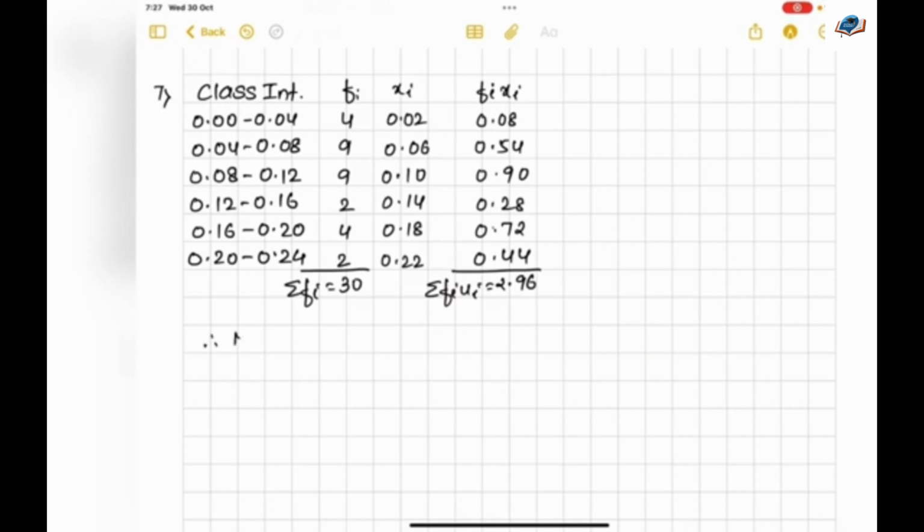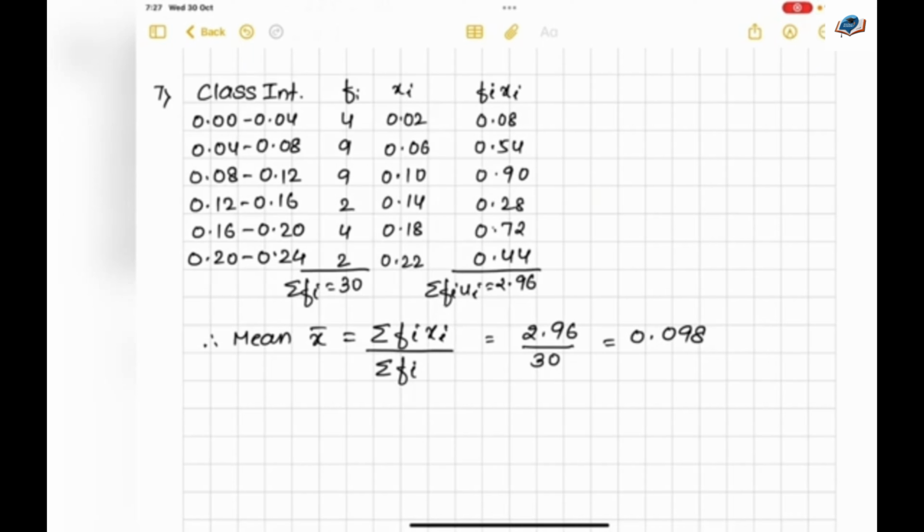So therefore, mean x bar will be sigma fi xi upon sigma fi. So that will be 2.96 upon 30. So that is coming as 0.098. So mean SO2 concentration will be 0.098.